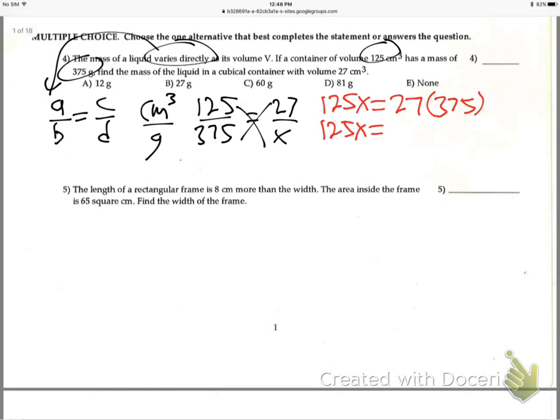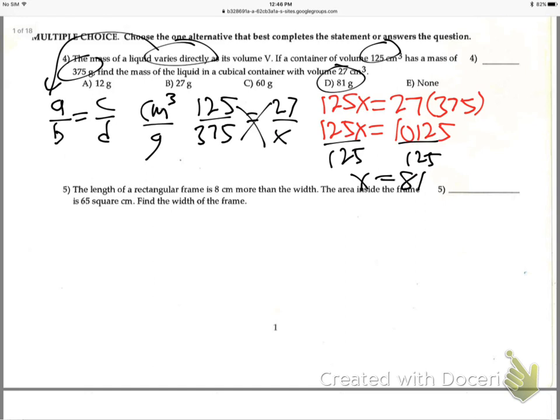But what's this step right here? No, it's not going to be 9. It's going to be 81. 10,125? Thank you. And then last step is divide by the 125, and it's 81. 81, D. We all good with that? That was good, right? Varies directly, two equal fractions.